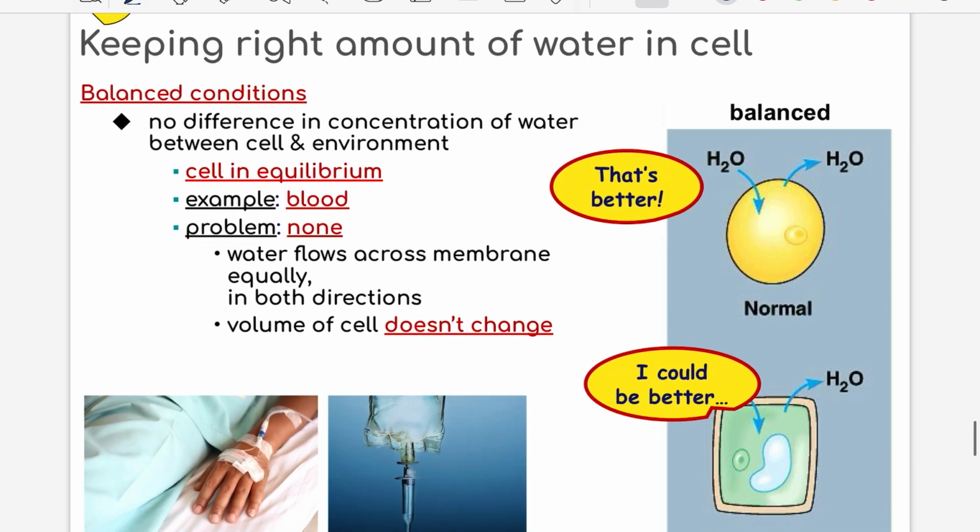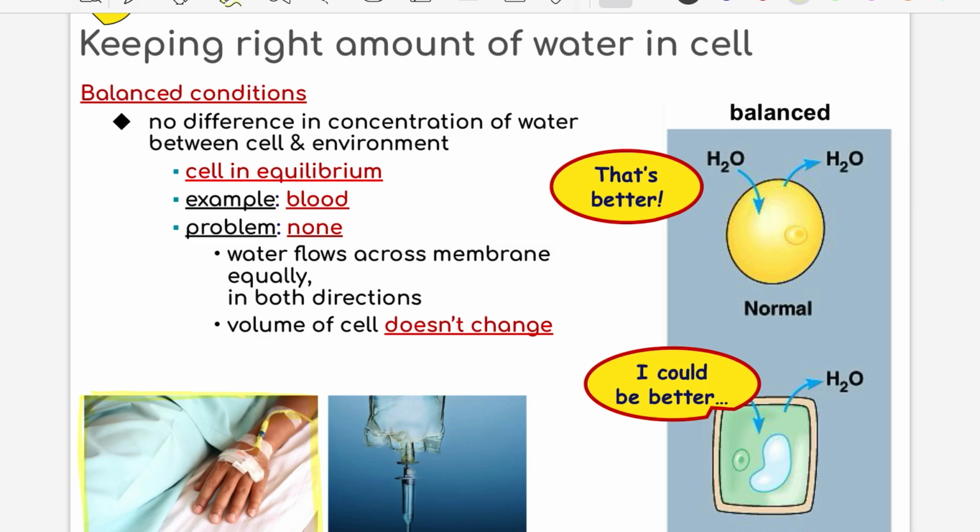And then just an example of how balanced solutions are really important is when you go to the hospital. Here we've got someone in the hospital, and you can see that they've got this needle going into their veins.